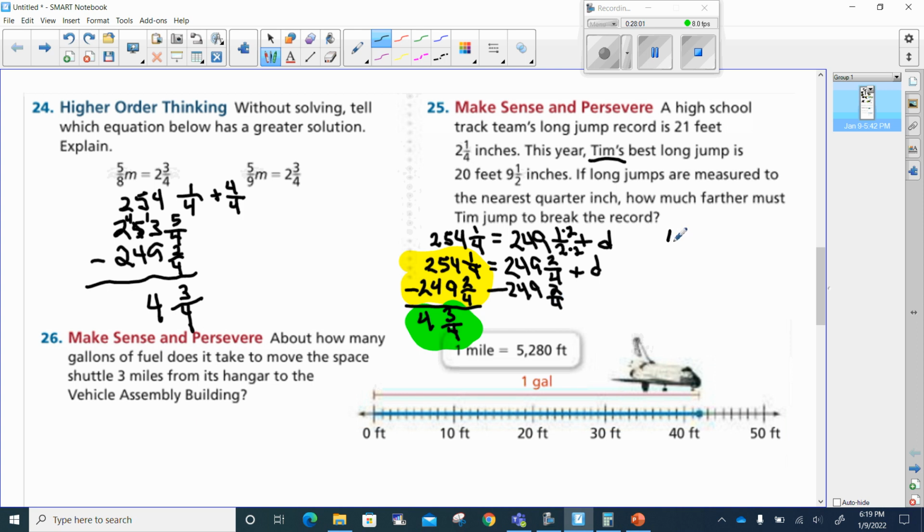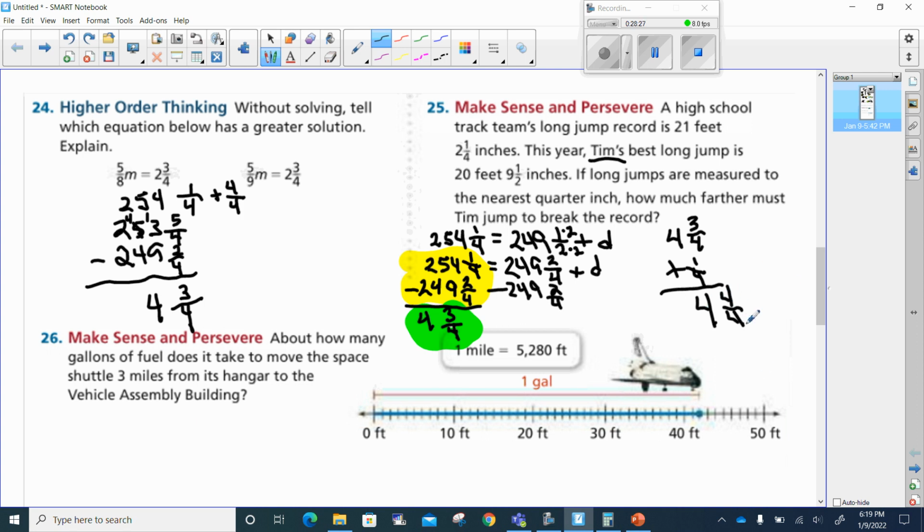So let's see, 4 3/4 of an inch plus 1/4 of an inch. Well, that's going to give him 4 4/4. And remember, any number over itself is 1. So 4/4 is 1.